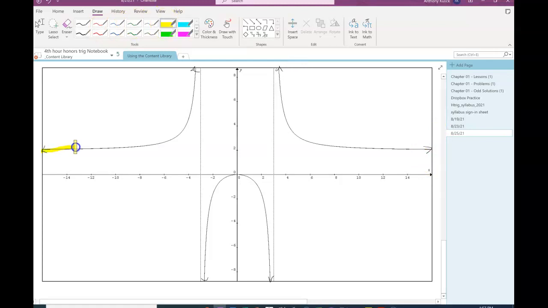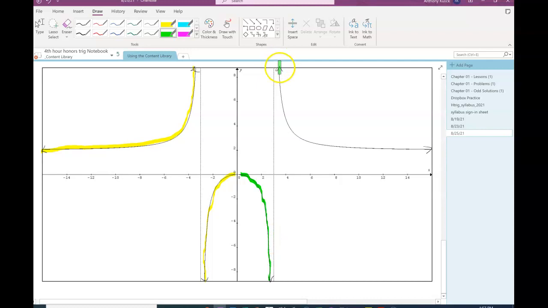So if I look at this first section, that's all walking uphill, right? And if I move to the next section, we're going uphill all the way to 0. At which point we start walking downhill, so there's a decreasing interval.